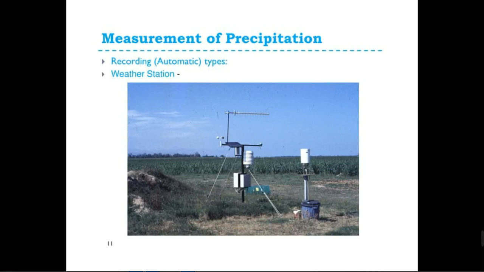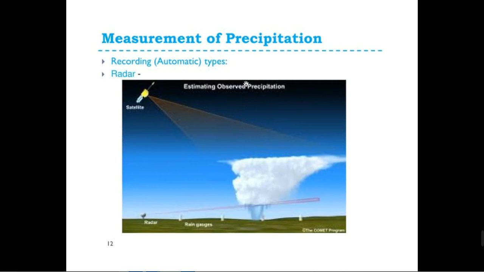So, important thing. The recording types: weather station, and radar.